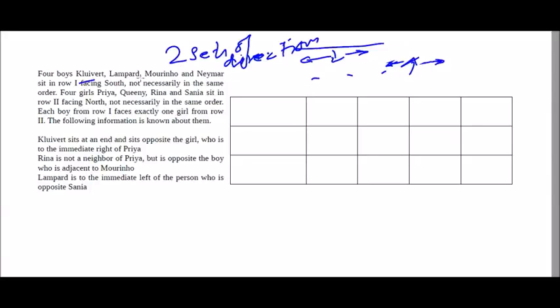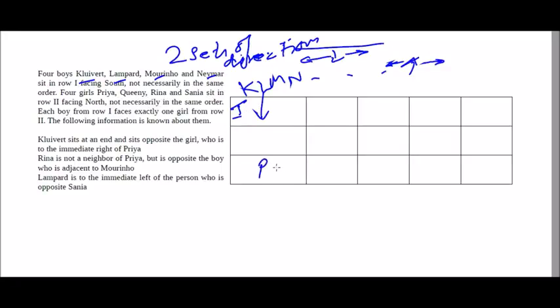4 boys, Kluivert, Lampard, Mourinho and Neymar sit in row 1 facing south. Okay, so let's assume this is row 1 and they are all facing this side. So here you will have K, L, M and N. And 4 girls, Priya, Queenie, Reena and Sanya.